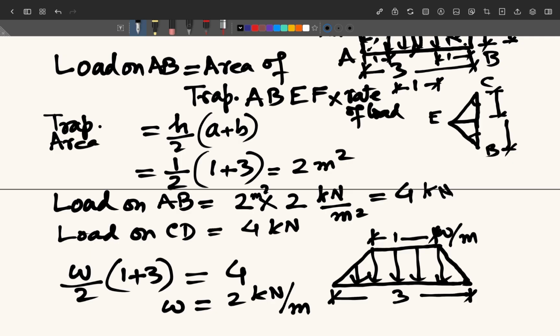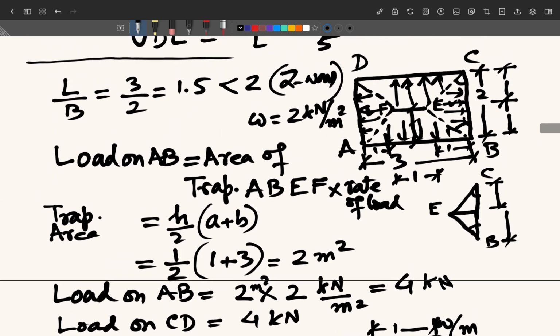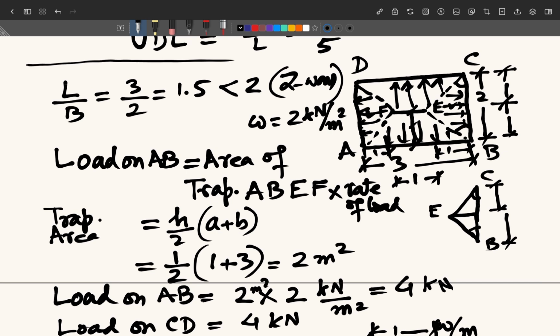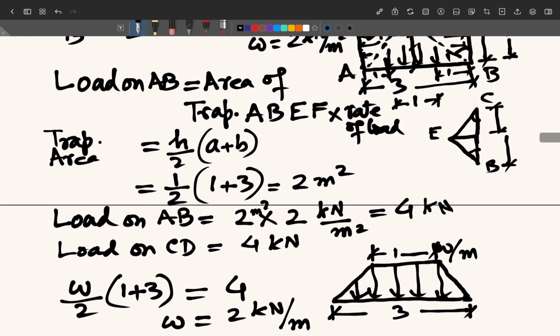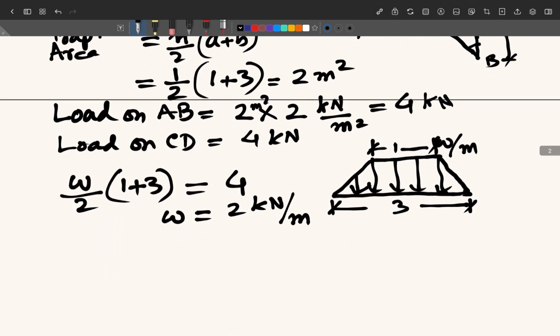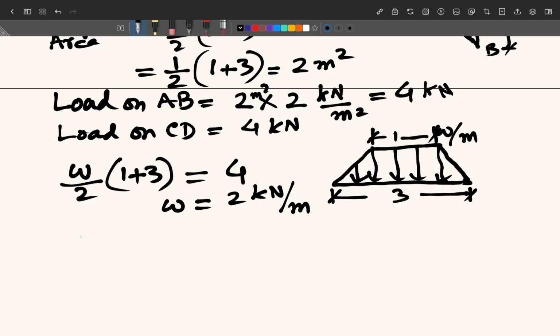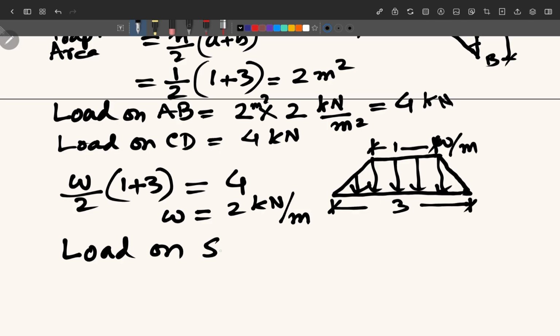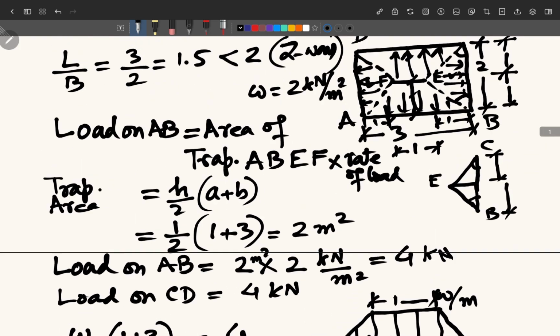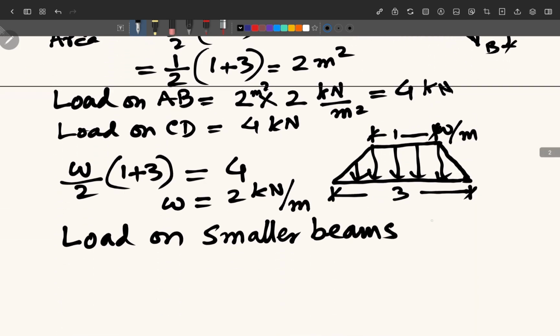Now we calculate the load on the smaller beams, that means BC and AD. In that case we have this triangle. So now we come to the load on smaller beams, which are BC and AD, right?